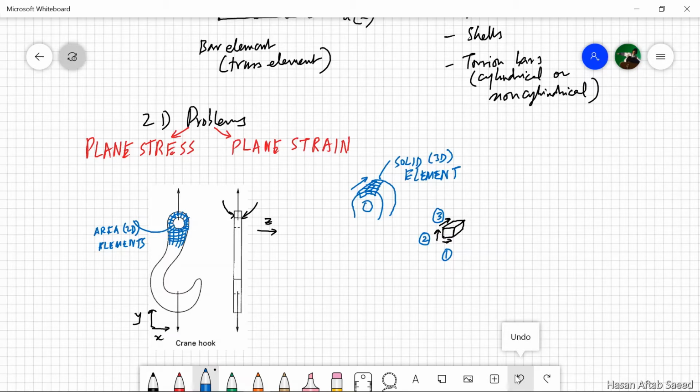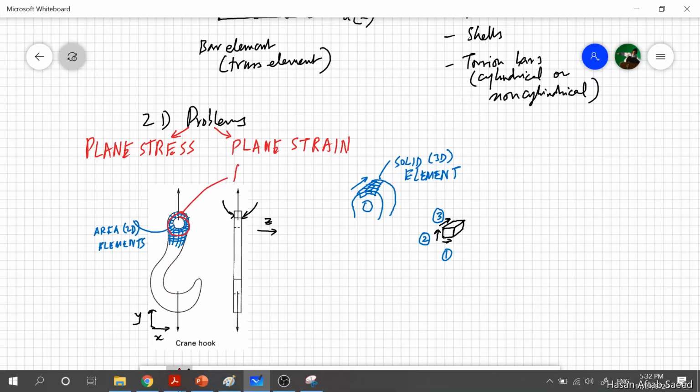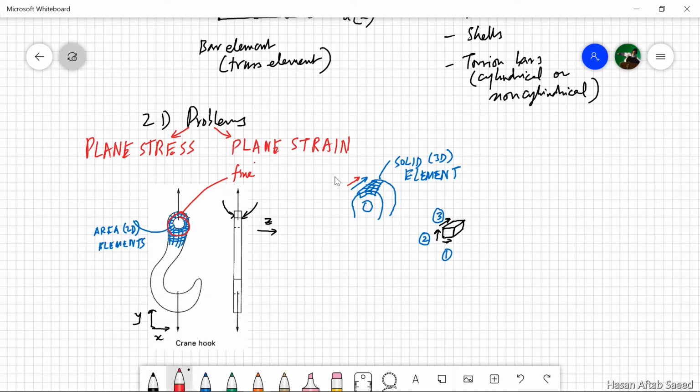So if we want to mesh this region closely, that is, we need to use a fine mesh because there's a lot of stress gradient there because of the pore. Then we are required to mesh this direction also using a fine mesh. So that means that, first of all, one source of simplification of the model results from the use of area element as opposed to solid element.